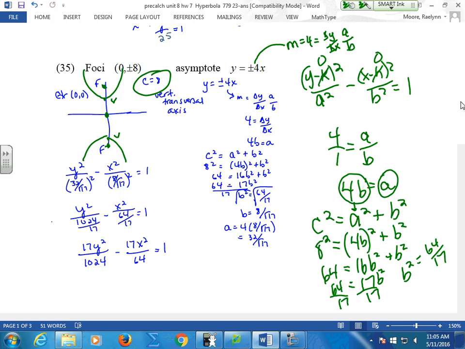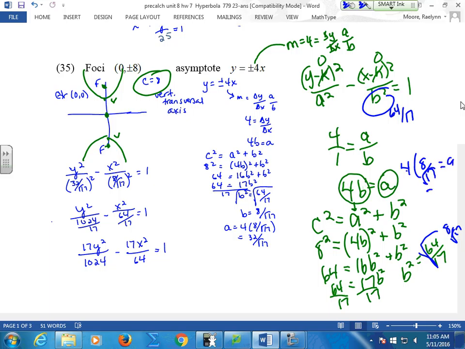Okay. Now, for my b squared, that's all I have to put in here. You have a couple of ways to find your a squared. You can take your b squared here. I would have to take the square root of this guy and find a.